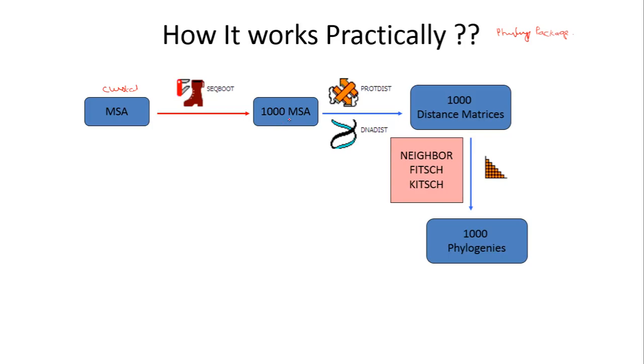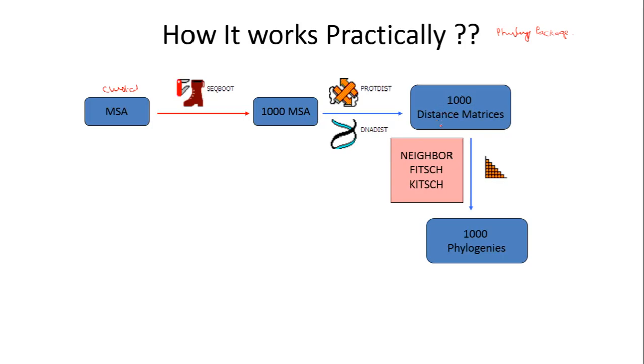And now, if your multiple sequence alignment is from protein, and you decide that you would be using a distance based method, then first you would use computer programs like protdist if your sequences are protein sequences, and you would then generate 1,000 distance matrices. Now if your multiple sequence alignment is made up of nucleotide sequences like DNA or RNA, say for example if it is made up of DNA sequences, then you would use dnadist as a computer program that would generate 1,000 distance matrices.